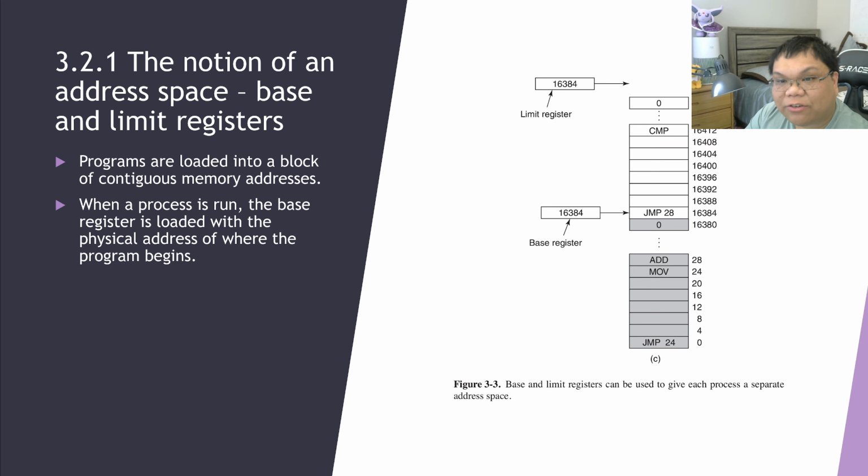If the program screws up and we're somehow jumping outside the memory space allowed for that program, then we have an illegal memory access, which is a trap to the OS. Programs are loaded into a block of contiguous memory addresses. That's also another important thing.